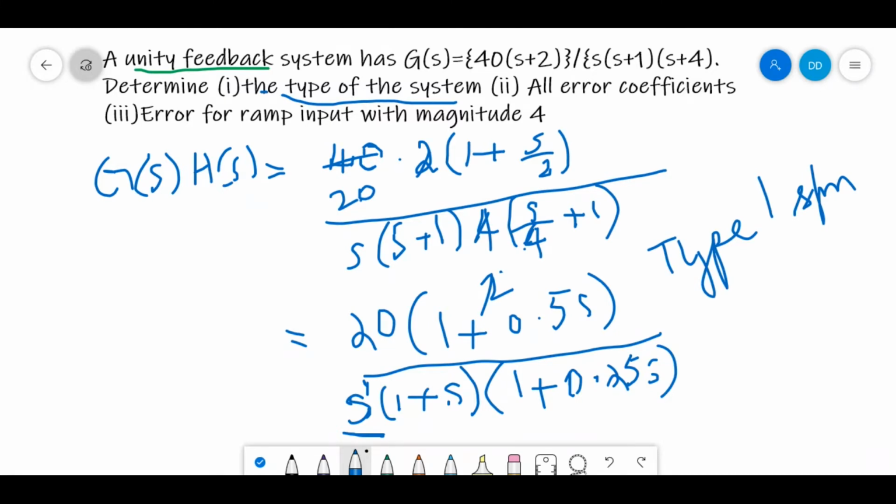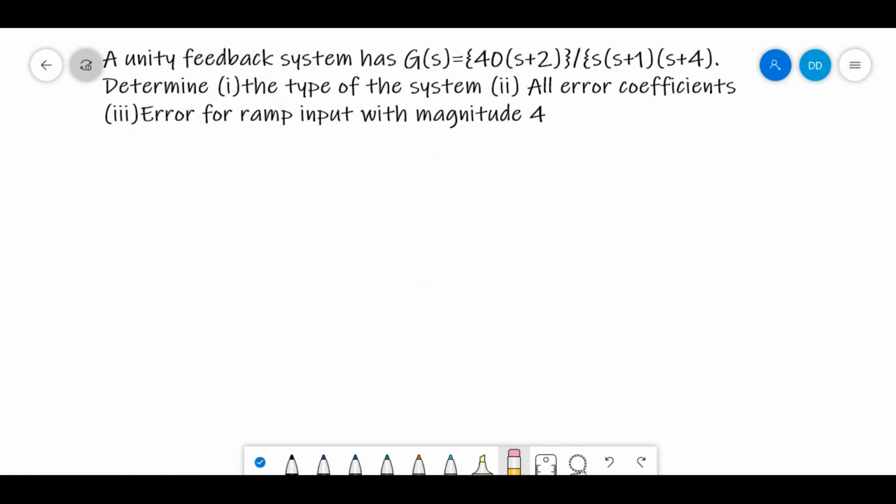Our next problem is to find the error coefficients. You know that the error coefficients are the position, velocity and acceleration error coefficients. So we have to find Kp, Kv and Ka.